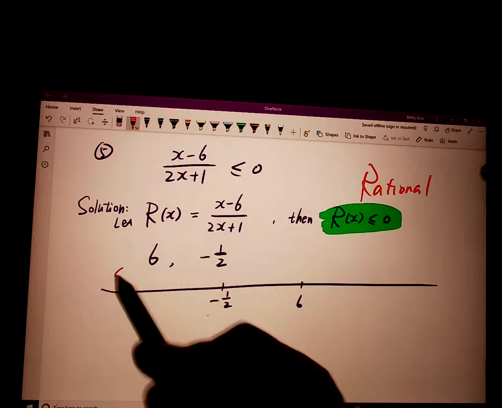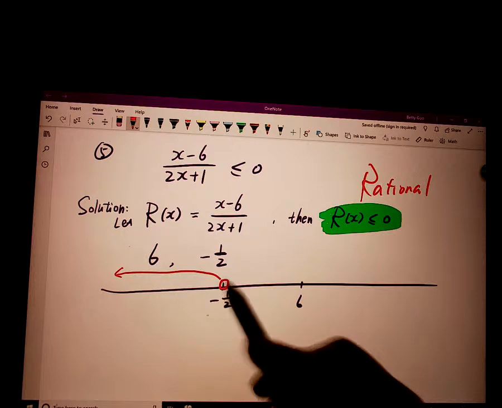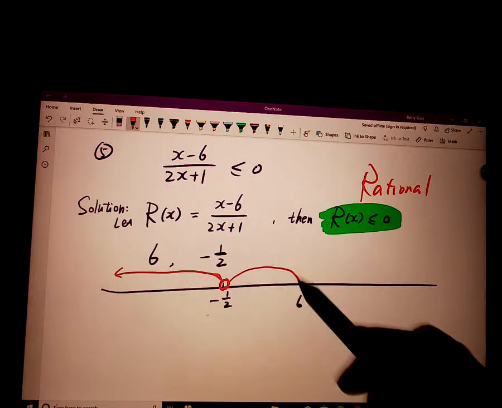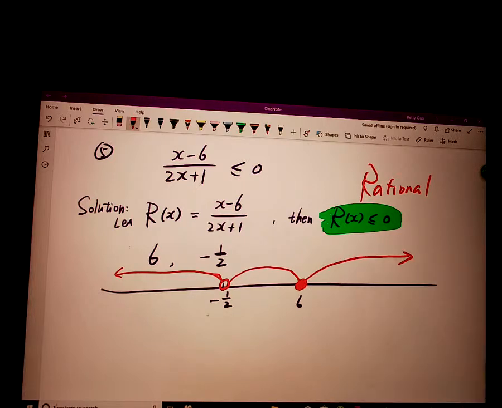So we're going to have negative infinity to negative half, but open here. I'll explain why we have a circle here. And then negative half to 6, but the 6 is included. We're going to have a solid dot here, and then 6 to positive infinity.